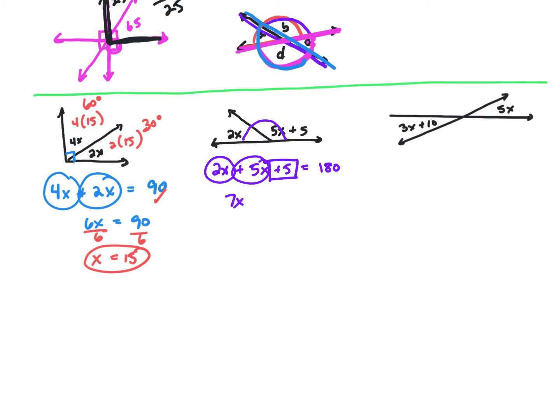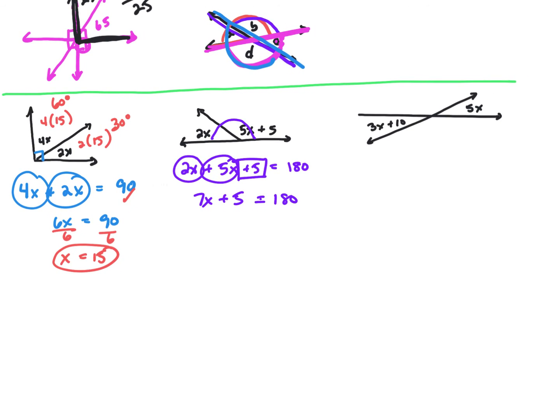This term is different, it's a constant, plus 5, and that's going to equal 180 degrees. Now our solving steps begin. We're going to eliminate the constant by doing the opposite of adding 5. We're going to subtract 5, and that's going to leave us with 7x equals 175.